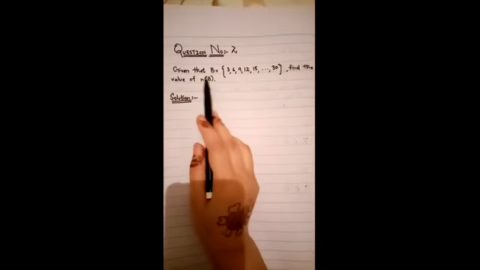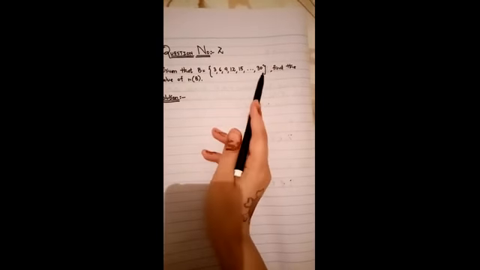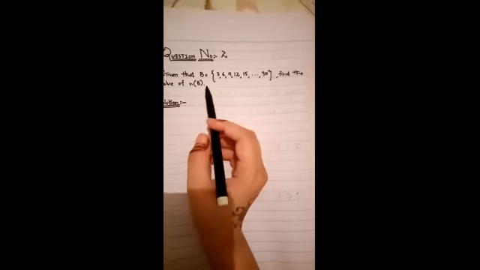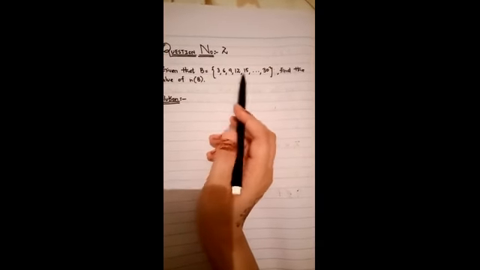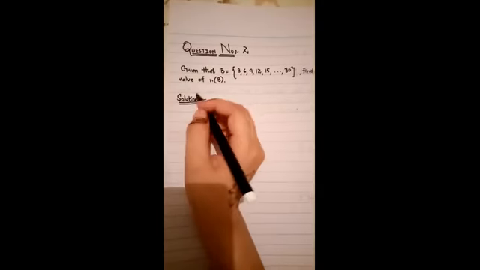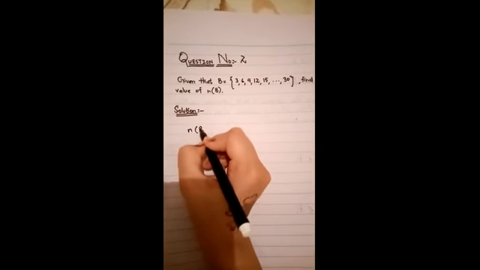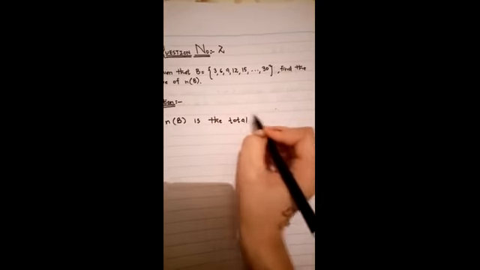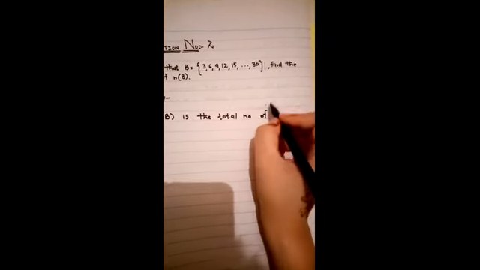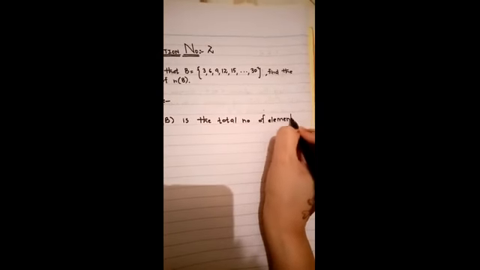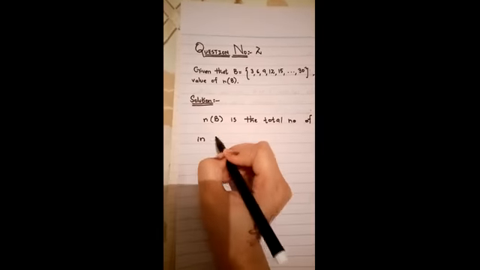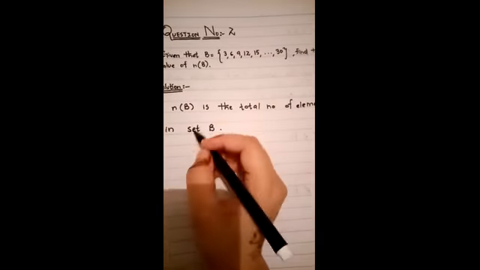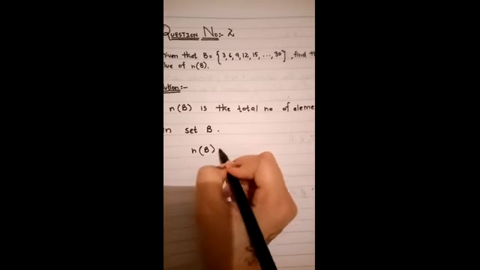Question number 2 is: given that B is equal to {3, 6, 9, 12, 15, and so on up to 30}, find the value of n(B). n(B) means we have to find the total number of elements in set B. So the total number of elements in set B is 10.